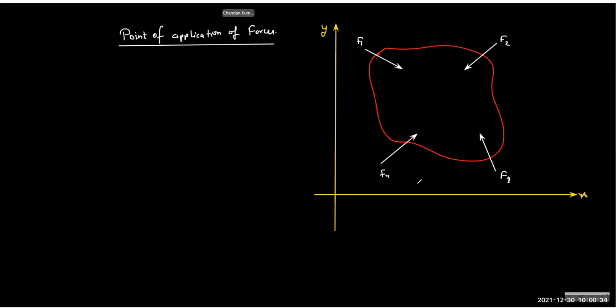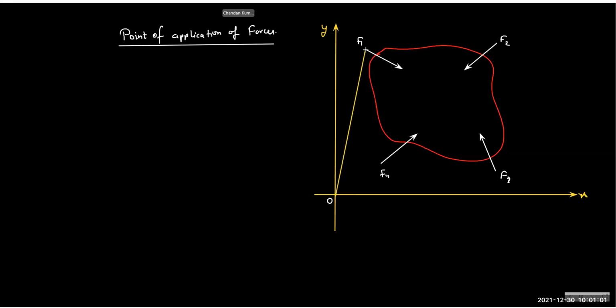So what we want to do is choose a point at which, if the resultant of all such forces is concentrated, then it must produce the same torque as these individual forces actually create.